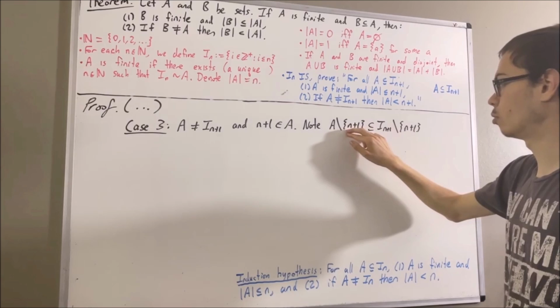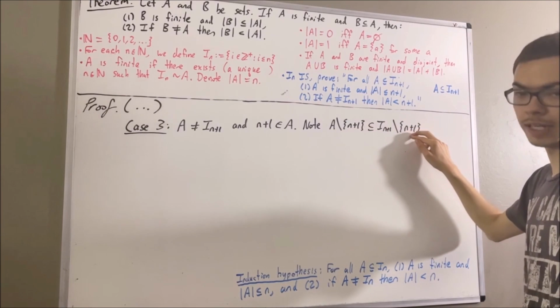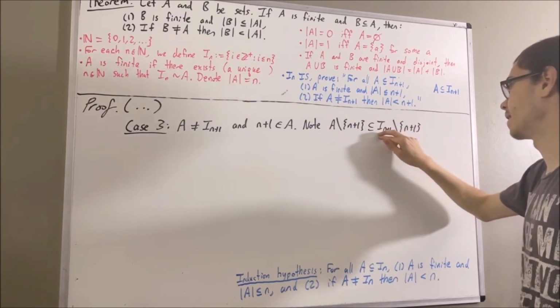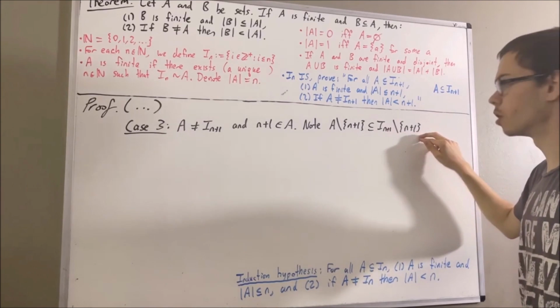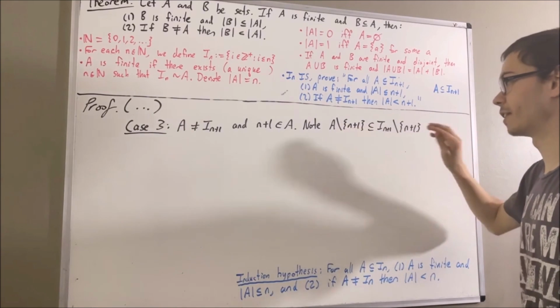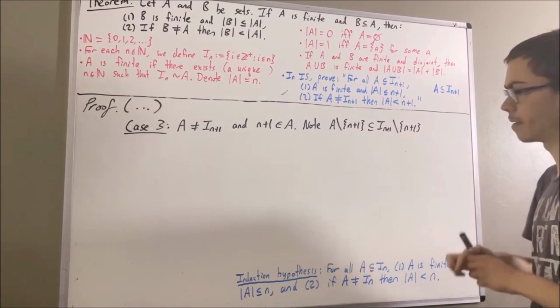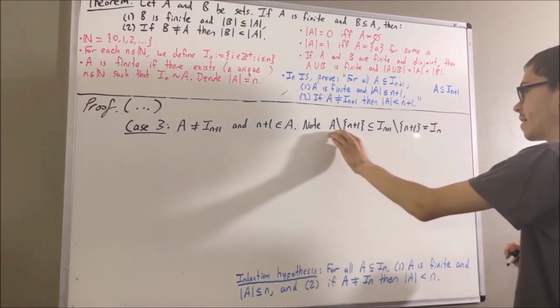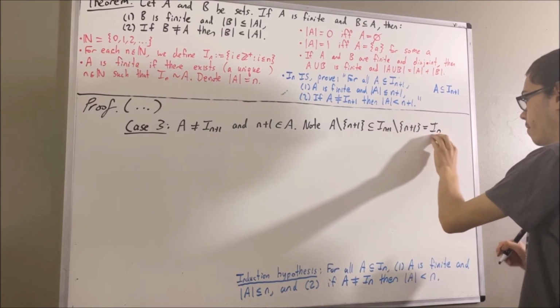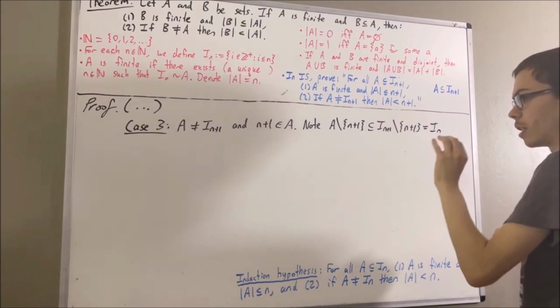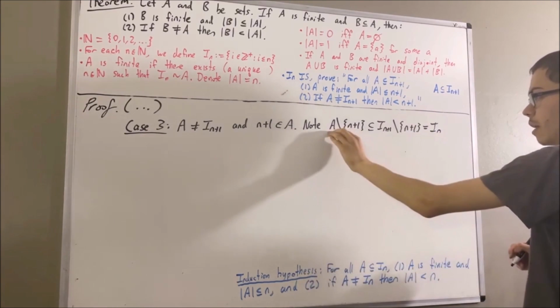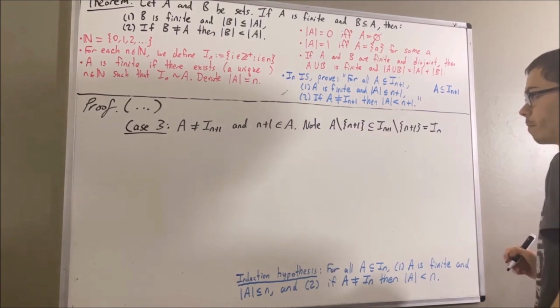But X is not equal to N plus 1. Therefore, X is an element of this set. So yeah, this set is definitely a subset of this set. And we know that this set is equal to IN. So A set minus N plus 1 is a subset of IN. So we could apply our induction hypothesis to A set minus N plus 1.